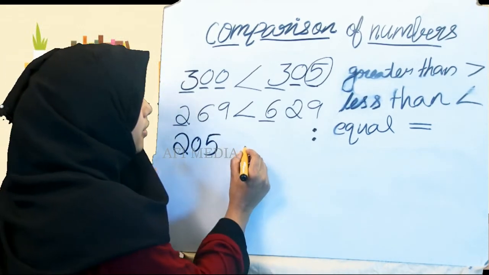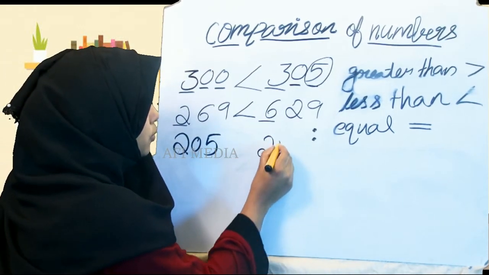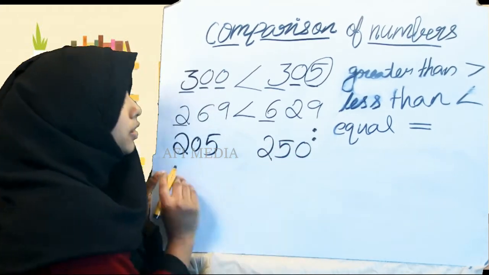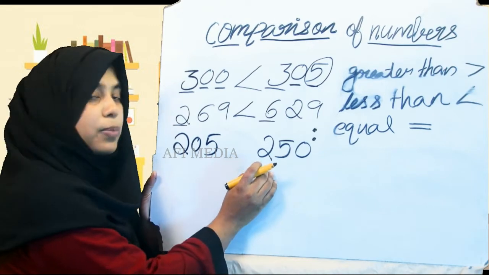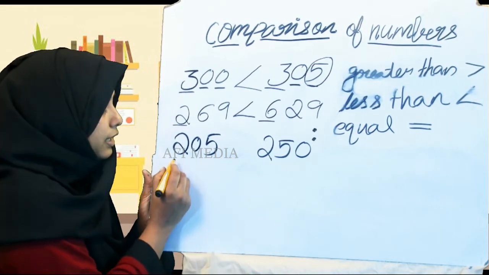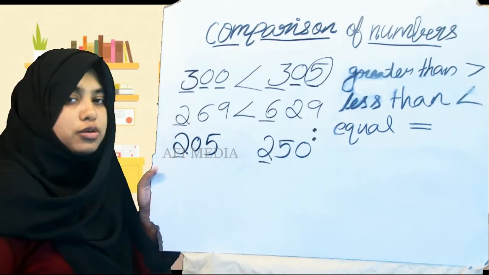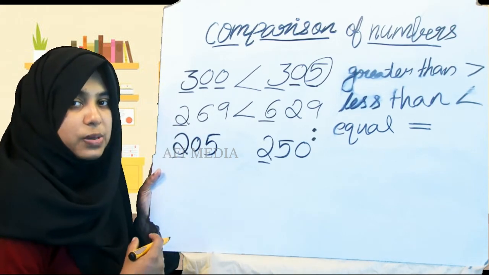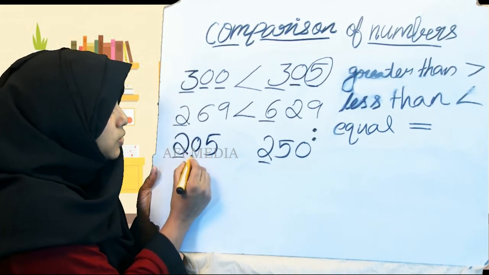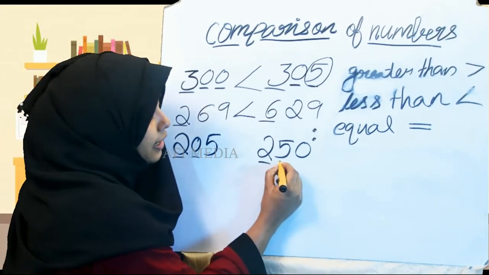Another number, listen: 205 and next 250. Both sides are 3-digit numbers. The 100 places are equal, here 2 and here 2. So we check the next place, the tens place. Here the tens place is 0 and here 5.